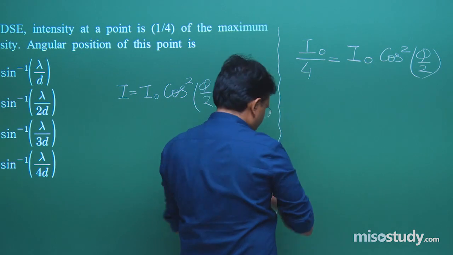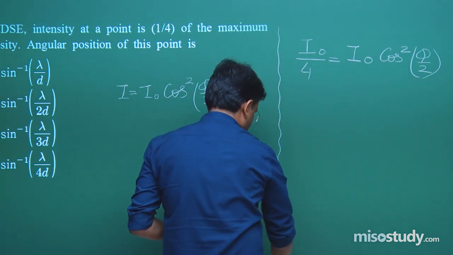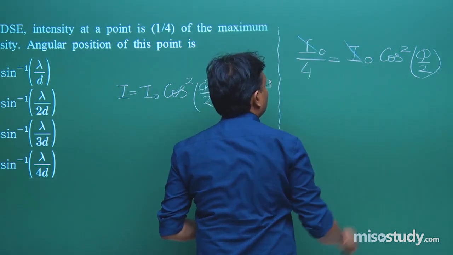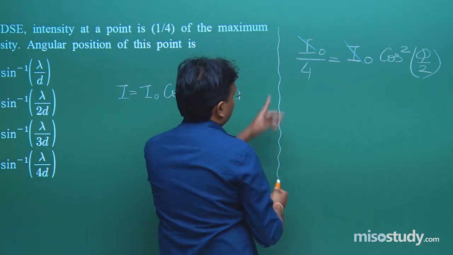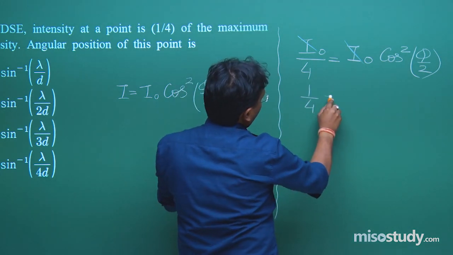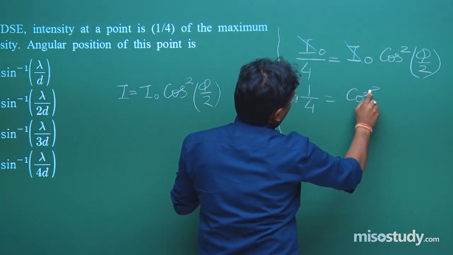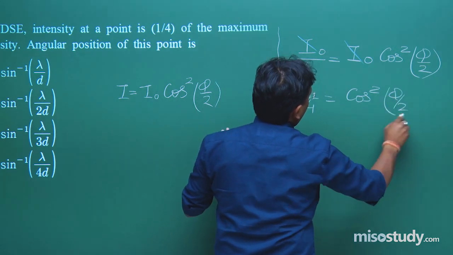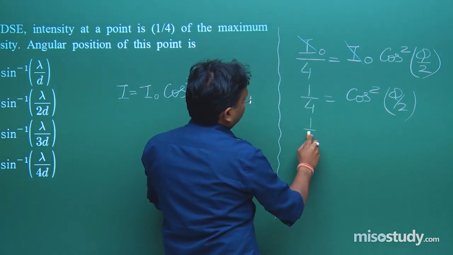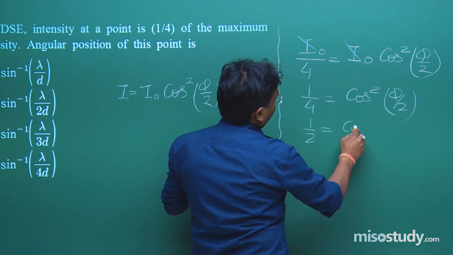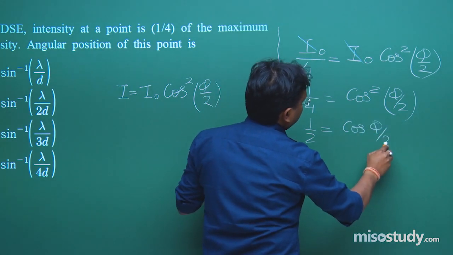Easily you can say this is solved. So 1 by 4 is equal to cos squared phi by 2. Also I can write 1 by 2 is equal to cos phi by 2.